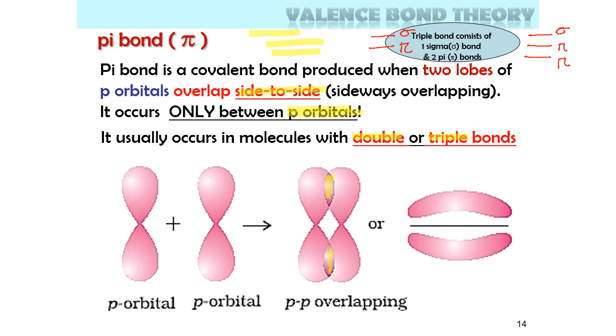So always remember, there will always be only one sigma. Single bond, sigma only. Double bond, sigma 1, pi 1. For triple bond, 1 sigma, and the other 2 bonds are pi bonds.